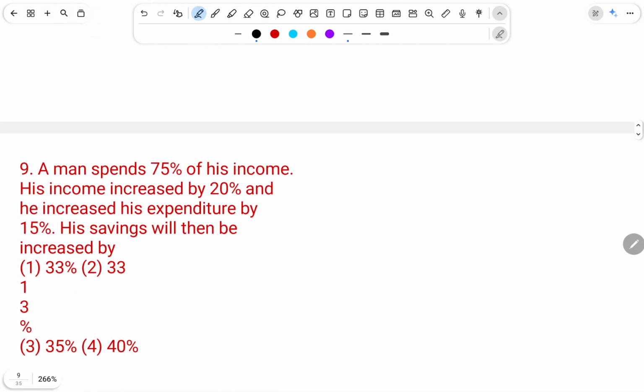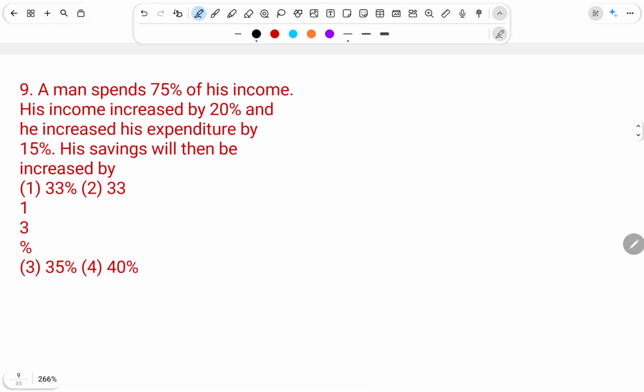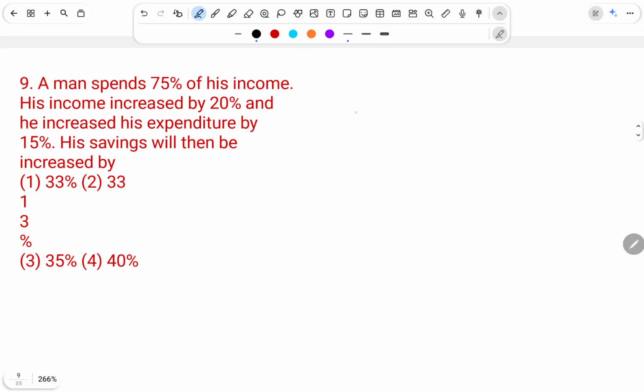Next. A man spends 75% of his income. His income is increased by 20%, and his expenditure by 15%. First of all, income, expenditure, savings. Let the income be 100. He spends 75, so savings will be 25. His income increased by 20%, so it becomes 120.